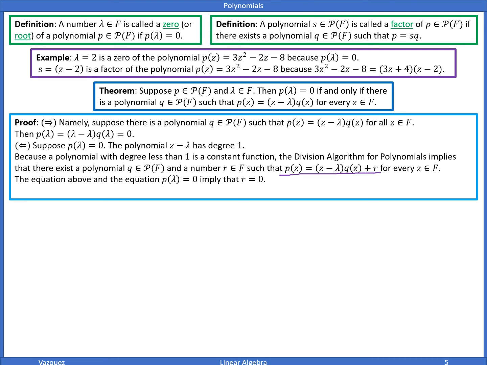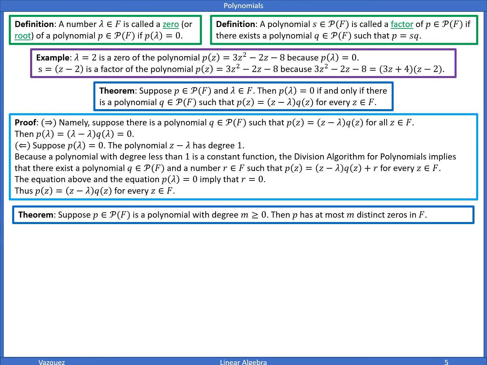Well, because if we plug in lambda for z, this becomes 0, this becomes 0, but this has to be 0 for it to be equal to 0. If it's 3 or anything else, then it contradicts our equality. That's how we know r is equal to 0, and therefore p of z is equal to z minus lambda times a polynomial q of z for every z in F.